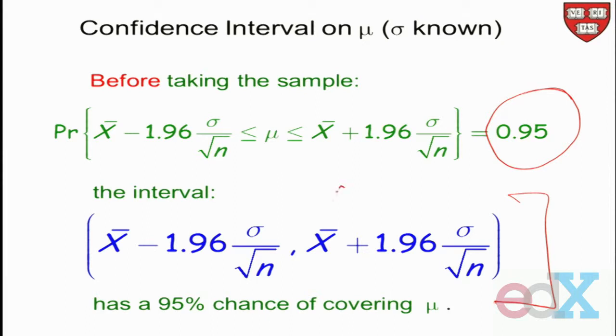The interval varies because we don't know what x bar is going to be. This is fixed, that's fixed, sure. So all those things are fixed, but we don't know x bar. X bar is going to vary from sample to sample. Remember the central limit theorem tells us how x bar is going to vary from sample to sample. So x bar is going to vary in such a way that this interval will have a 95% chance of covering mu.